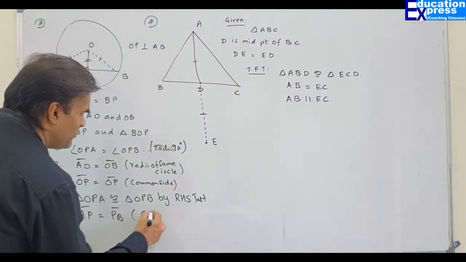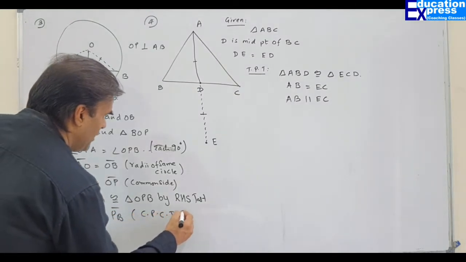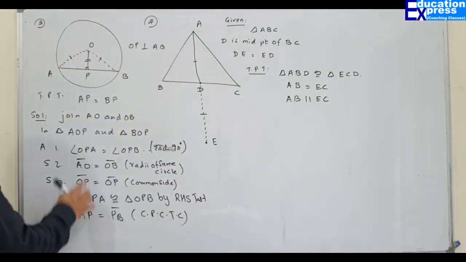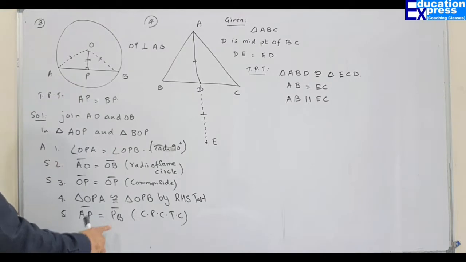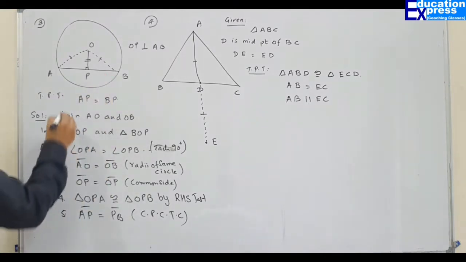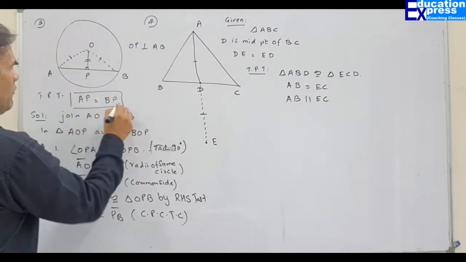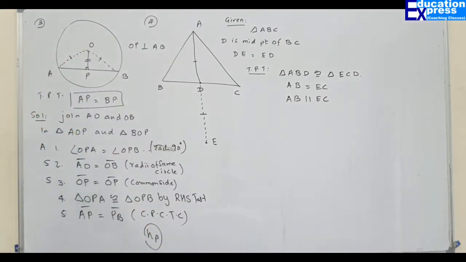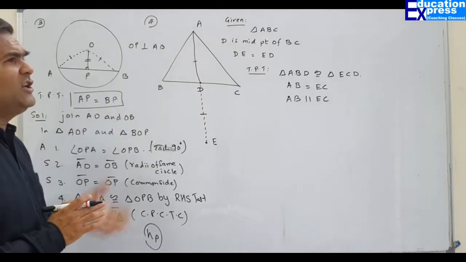Reason? Sir, corresponding parts of congruent triangles are congruent. So, by CPCTC, I can prove that AP equals PB. With this, we have already proved what was expected out of the question, hence proved. So my dear friends, it was a very simple question. Move on to question number 4.